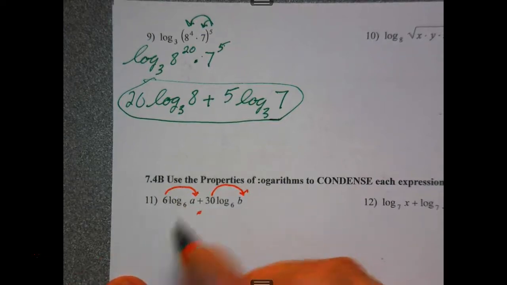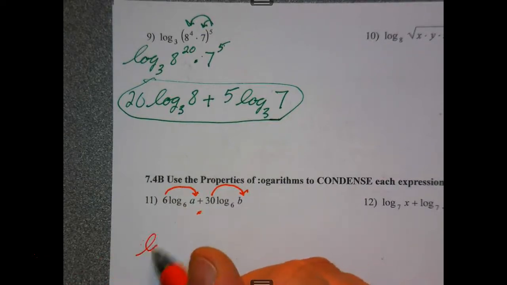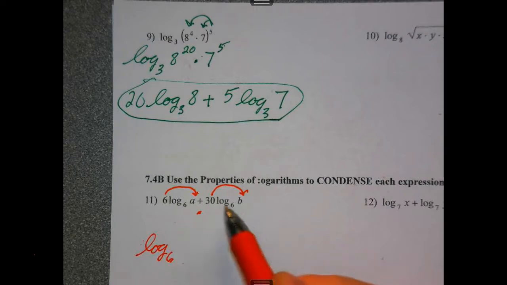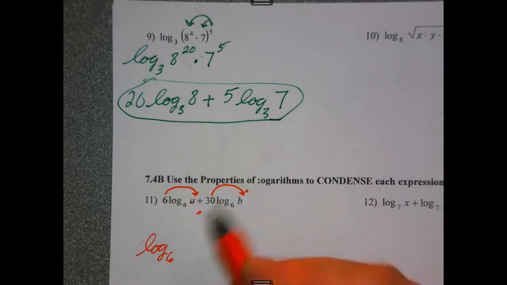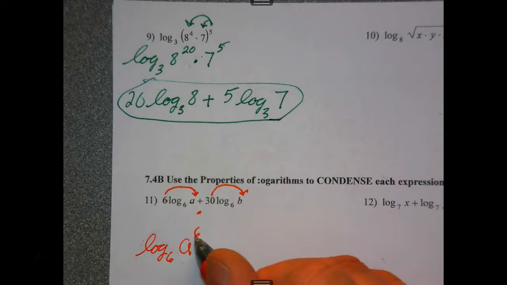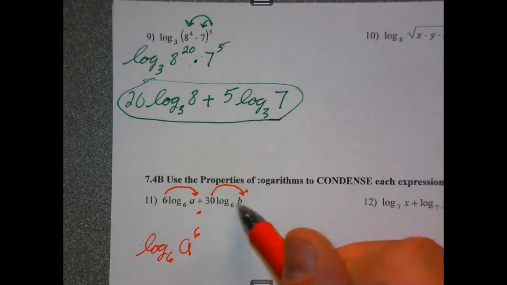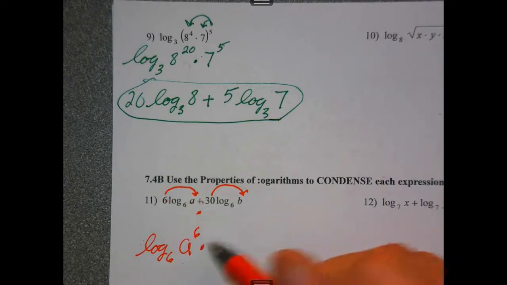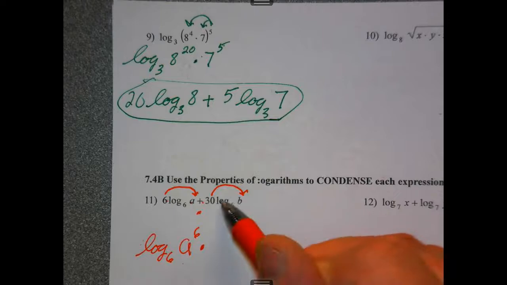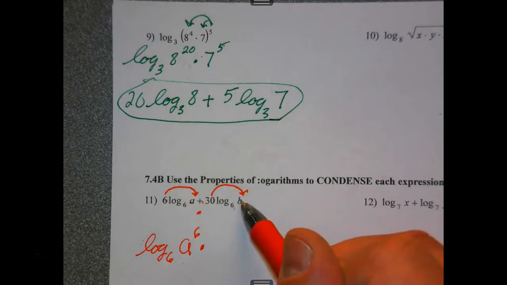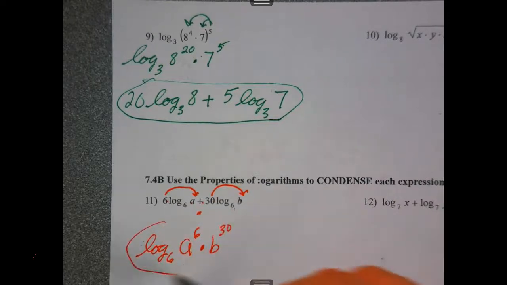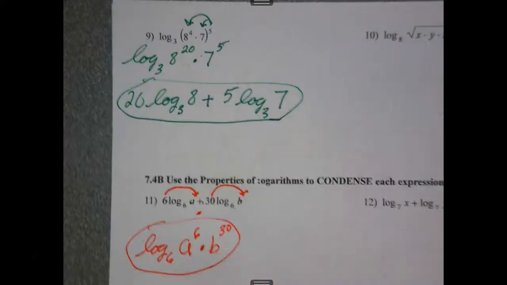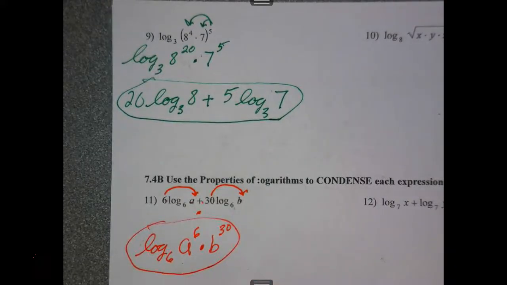I have log base 6, and I'm getting rid of one of them, a to the 6th, right? Times, I don't even need the log 6, I got b to the 30th.